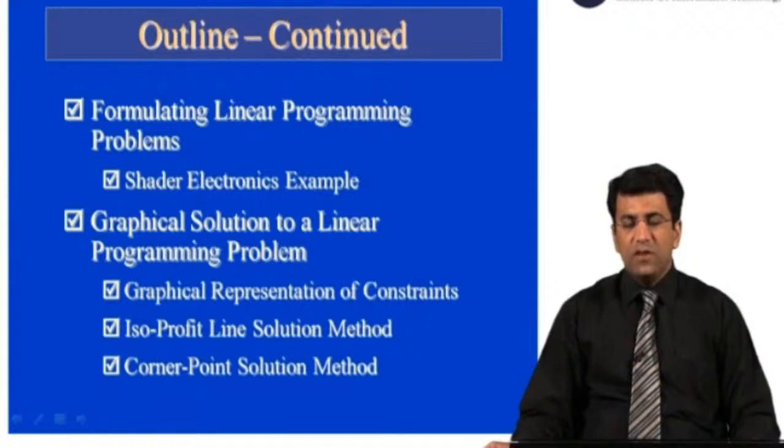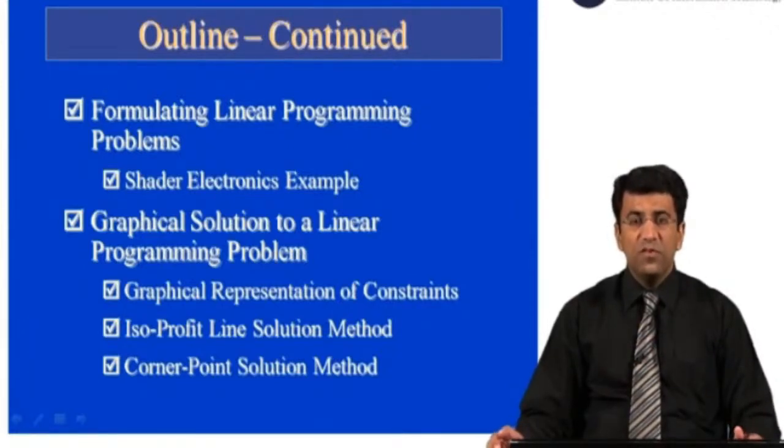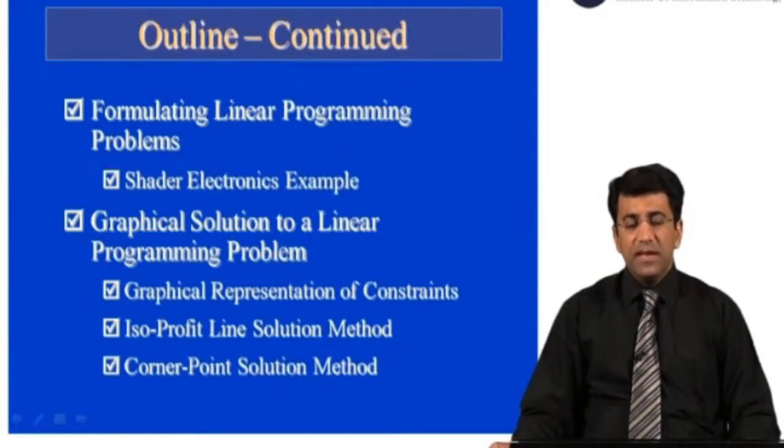We'll discuss the graphical solution to linear programming models, and how we can represent the constraints. Again, constraints means limitations. How can we represent the limitations in the form of inequalities or mathematical equations? Then there are two sub-methods used in the graphical method in order to achieve our objectives.